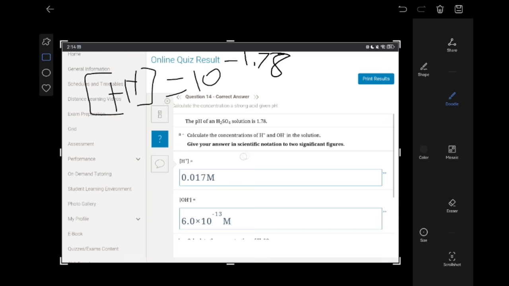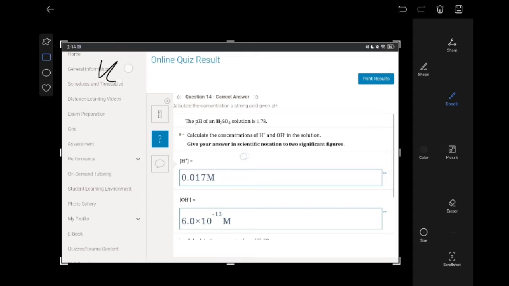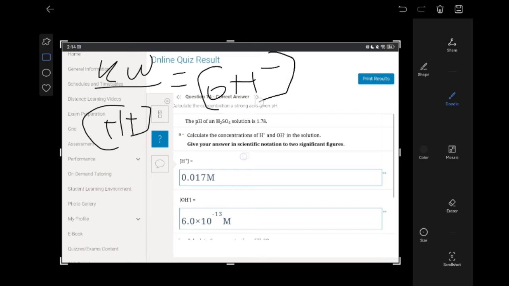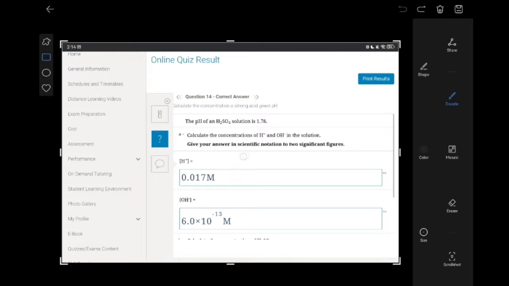It's a lot, but they wanted two significant figures, so just 0.017. For OH, you do KW over H plus equals OH minus, so 10 to the negative 14 divided by this, you get this one.